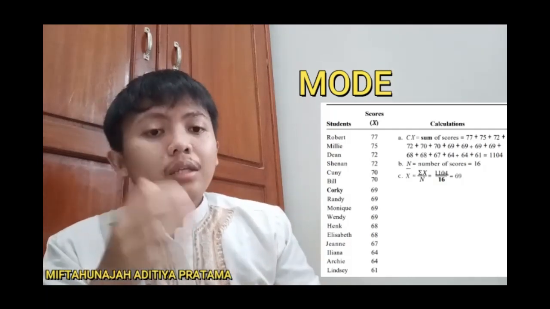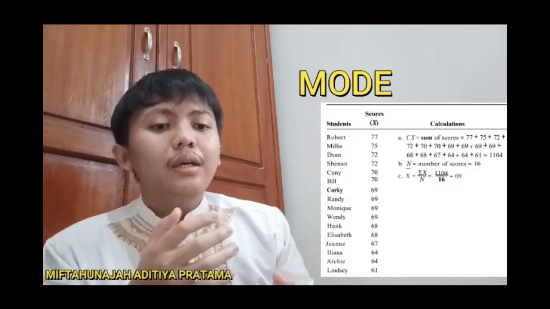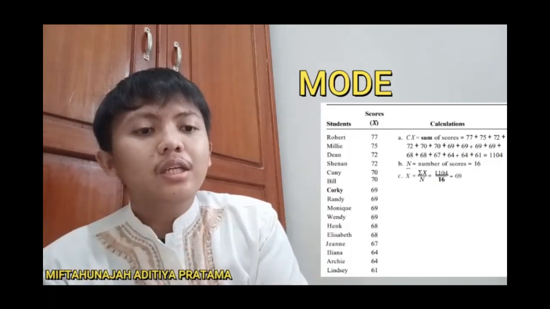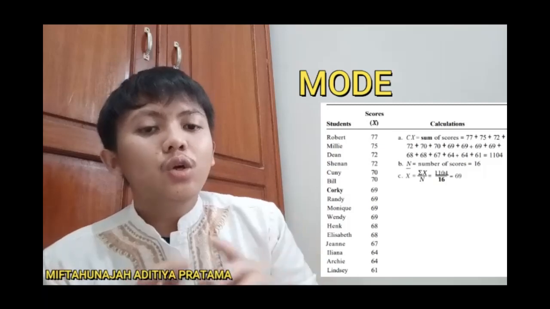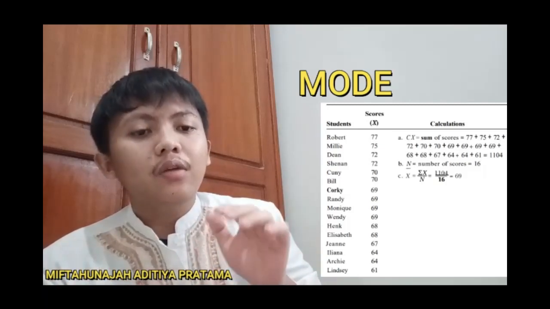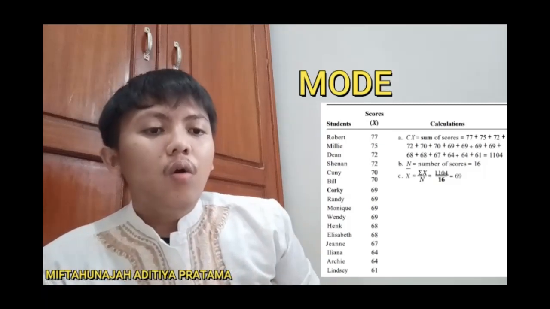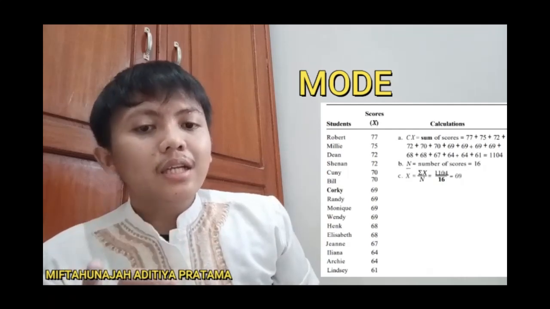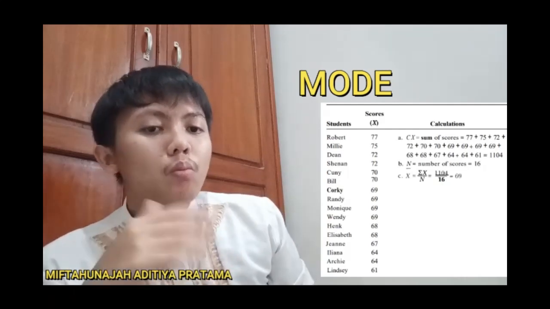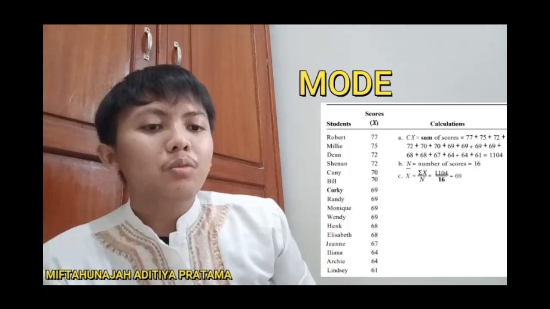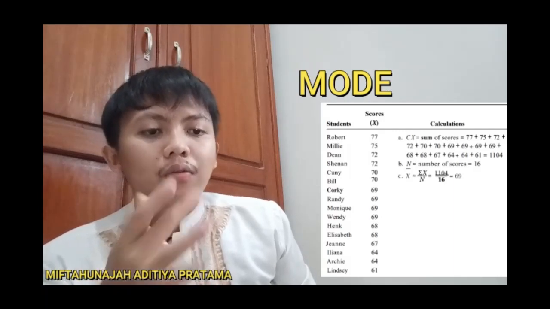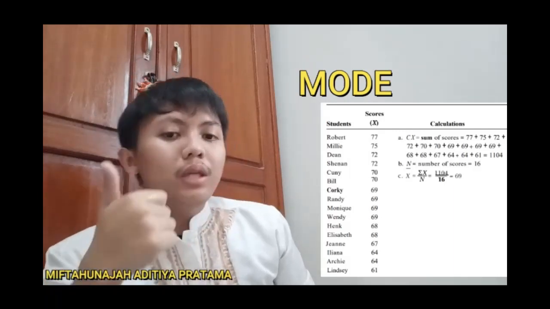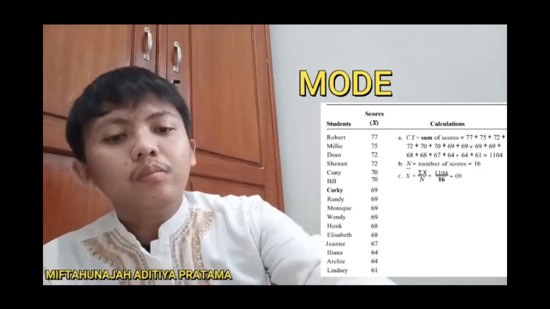So that's why the mode would be the score which is received by the most students. No statistical formula is necessary for this straightforward idea. However, note that a set of scores can have 2 or more modes. Such distributions of scores are referred to as bimodal, trimodal, and so on.